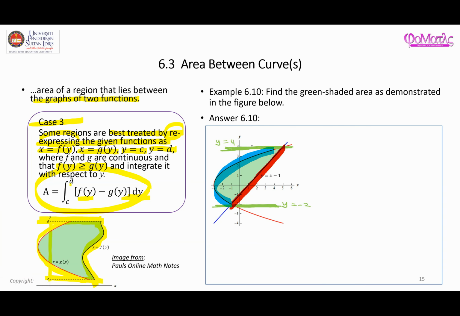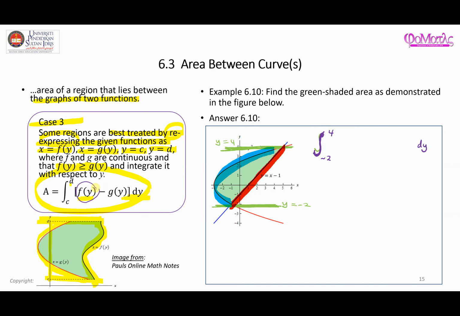Let us put all the information into the proper formula here. We are going to integrate the function f(y) minus g(y) with respect to dy, and we know that the limit is going to be between -2 and 4.